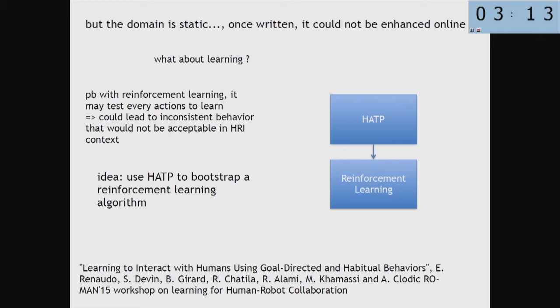So we tried a first experiment, saying, okay, we bootstrap a reinforcement learning algorithm with our domain, and we let the reinforcement learning learn on this expert knowledge, and then try to enhance online.